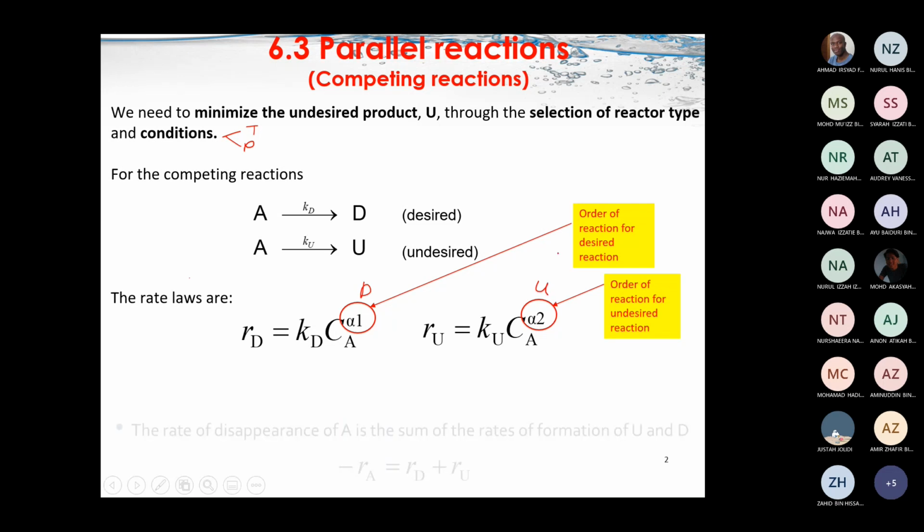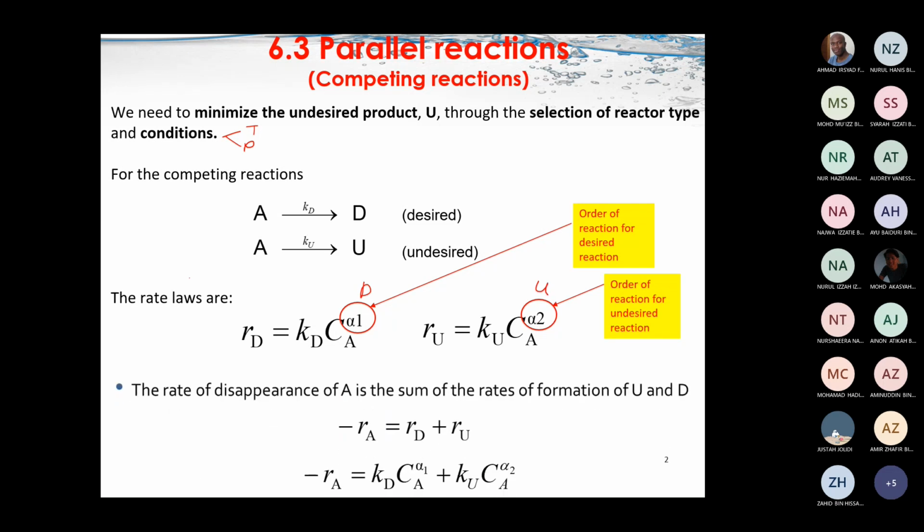So the sum of the rates of formation is given as below. You just sum up both of the rate laws, RD plus RU, and you will get this equation. Okay, so we go further.